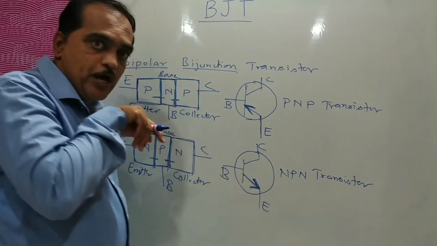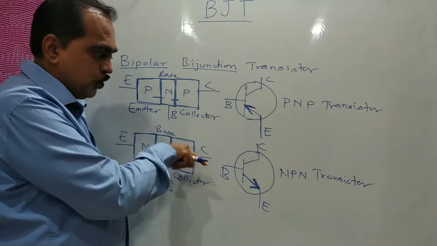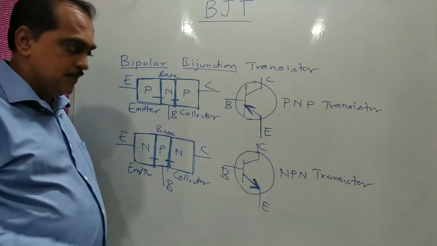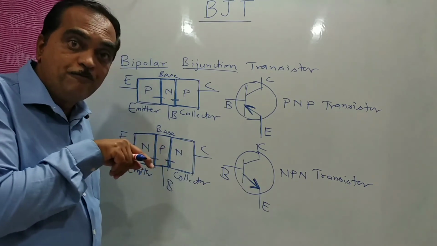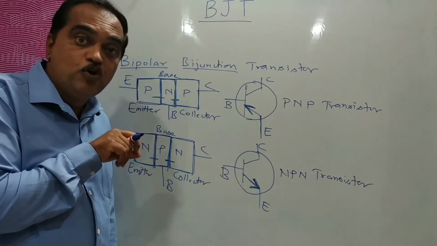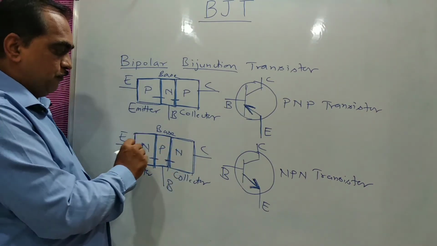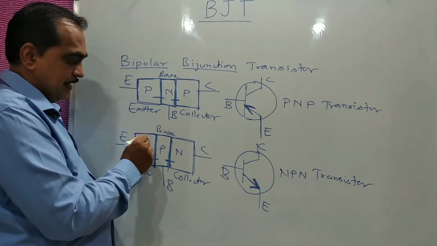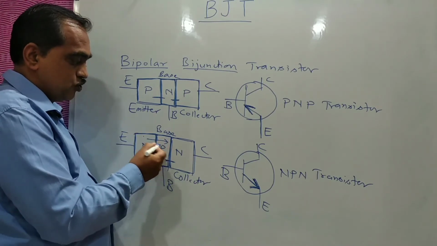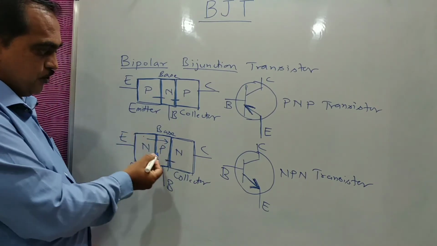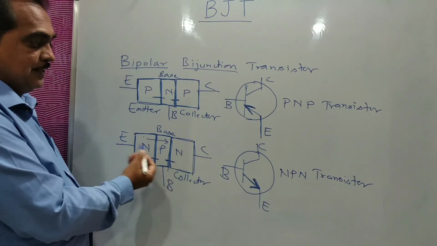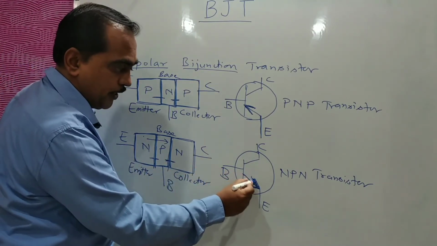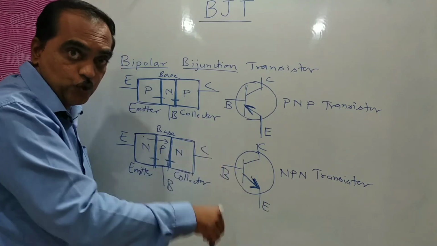If the arrow is shown outward, it is NPN, because it is the flow of conventional current. Here from the emitter, electrons will flow like this, so positive has to flow opposite. That means you have to show this arrow going towards the emitter.